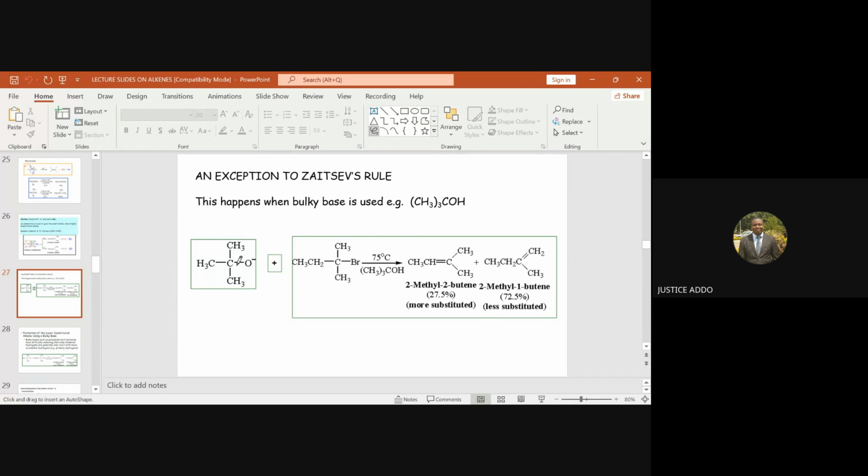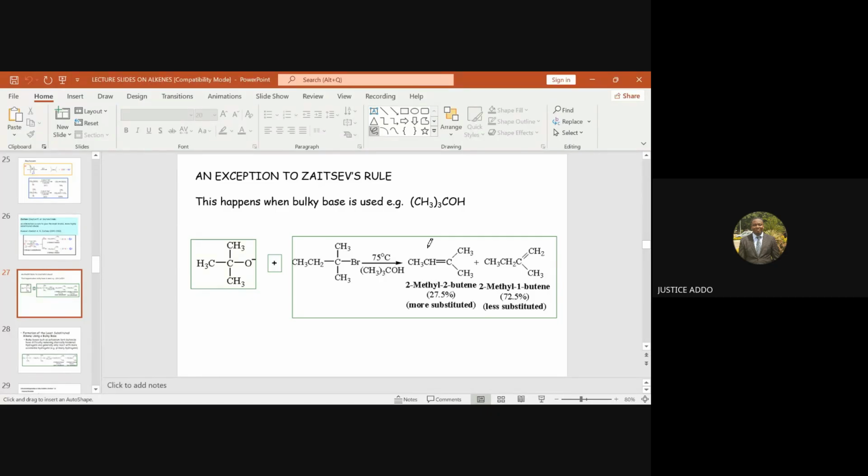It's not made up of just 2 carbons. It's a lot. So it is very huge. So in that situation, you expect that it is the less substituted alkene that will be formed more. And you can see here, 72.5%. That one becomes your major product. And then the highly substituted alkene becomes your minor product. So it's just the reverse of Zaitsev's rule.